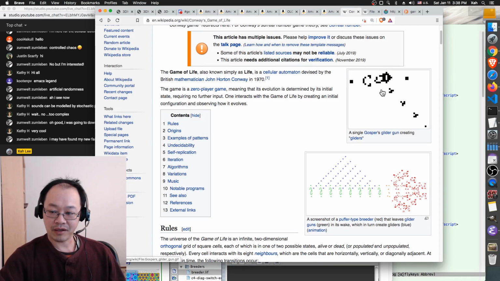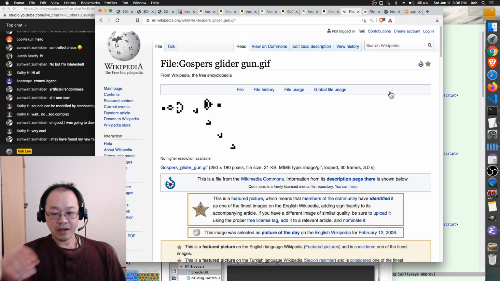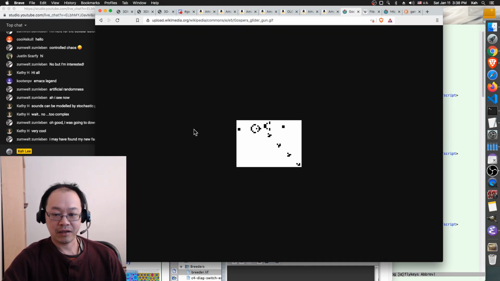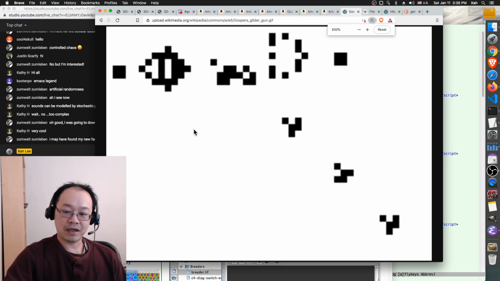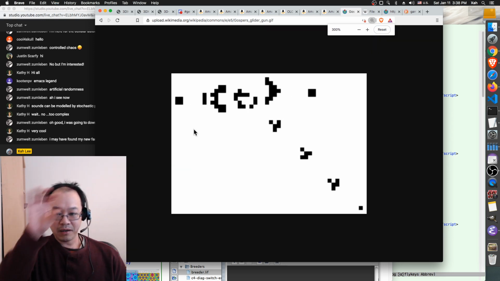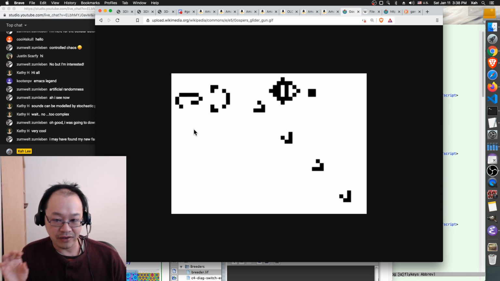For example, this one, this classic picture. Let me magnify. You cannot magnify much. So you see the pattern on the top row, that pattern is called a gun.